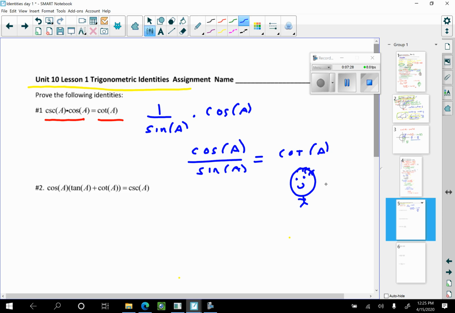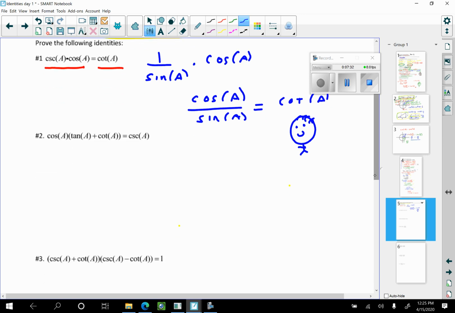All right, let's jump to a little bit more difficult one. This rascal right here, I want to show that this left side is equal to cosecant. Certainly doesn't look like it. I want to notice that this is cosine of A times the sum of tangent of A, cotangent of A. So make sure you don't make that mistake.